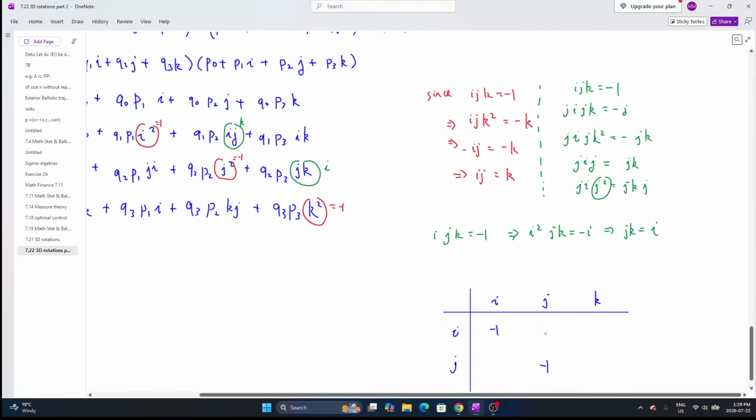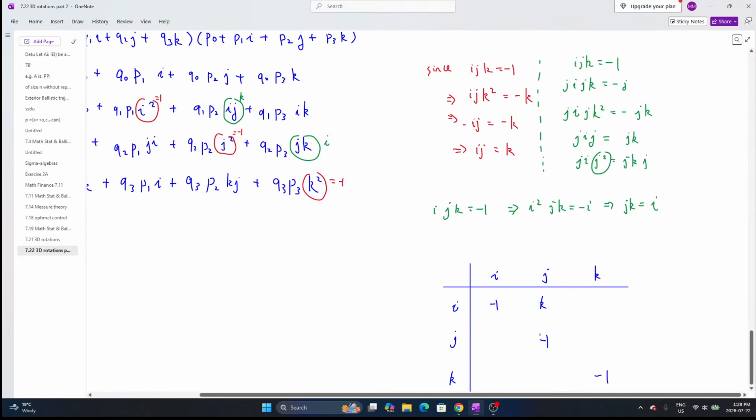ij is k. We have that. But it seems like we have trouble deriving ji, huh? I'm trying to derive the anti-symmetry from these rules.